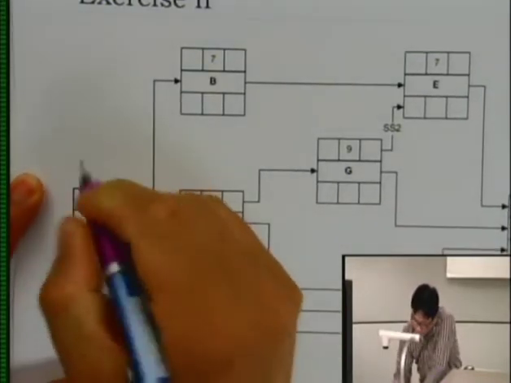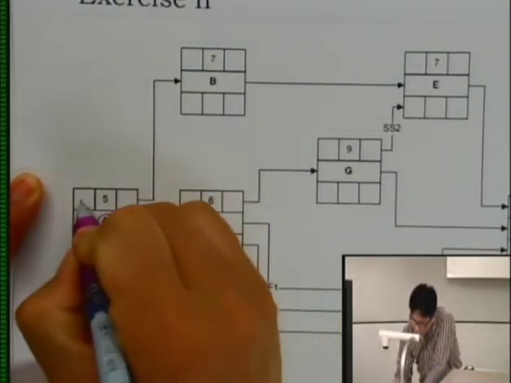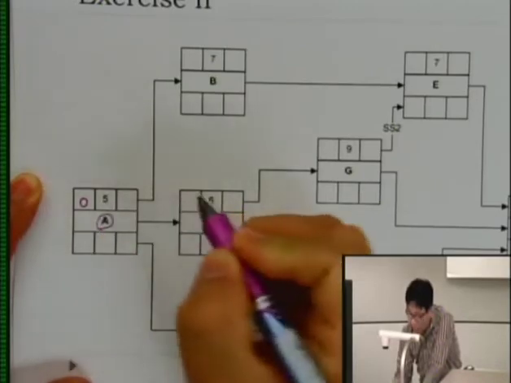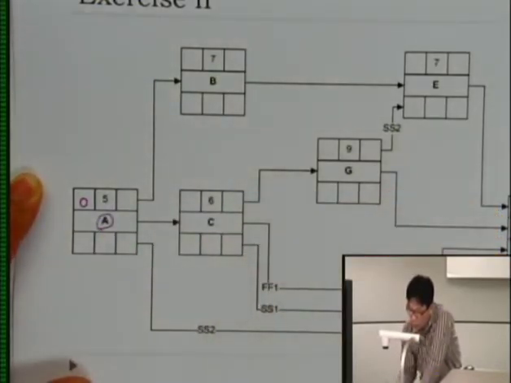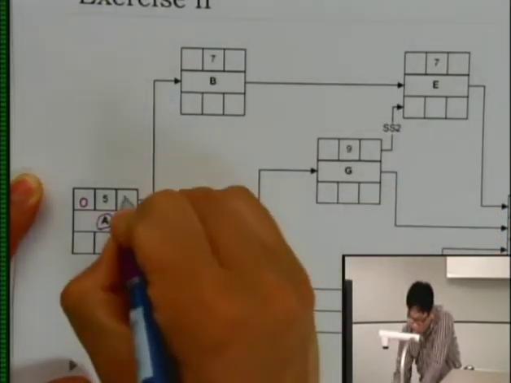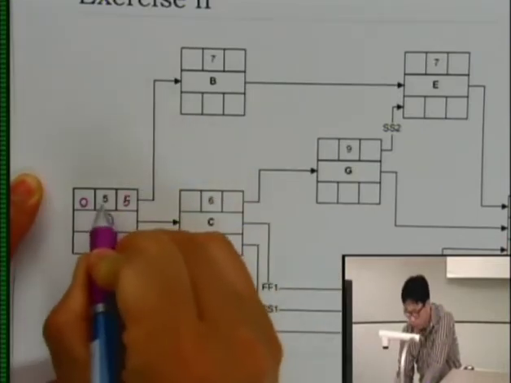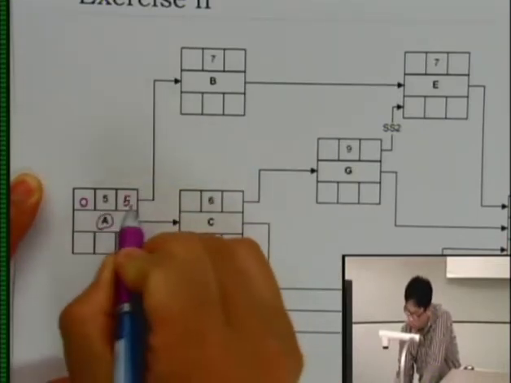So early start of activity A will be 0, and because your duration is 5, your early finish day will be 5, because 0 plus 5 days will be 5.